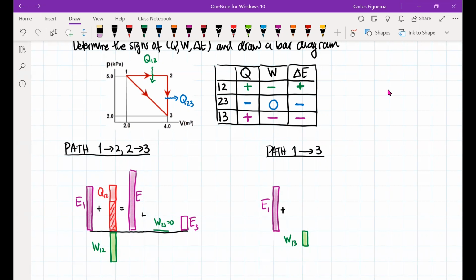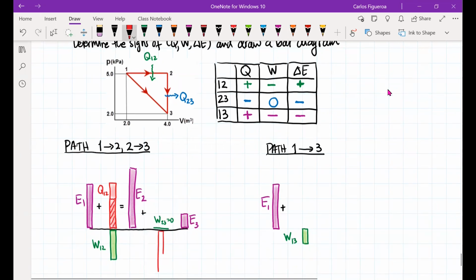And look at that, I put 2 right here. So that means I have to eject heat. I have 1, 2, 3. So I have to eject out 3 squares of heat. And this is going to be the heat from 2 to 3.